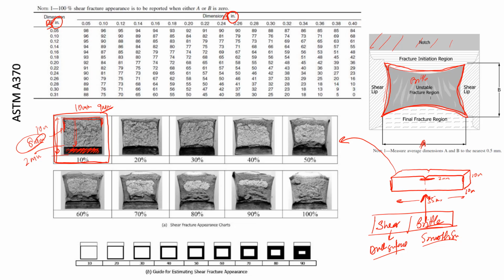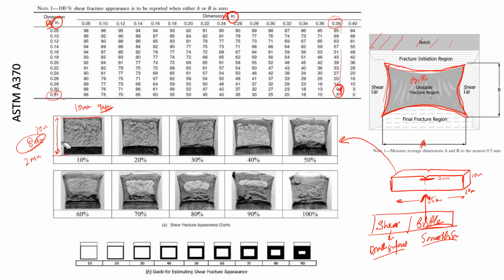So 8 mm and 9 mm, right? 8 mm is equal to 0.31 inch, and 9 mm will be somewhat lesser than 0.4, so we can see that it is falling at around 5% between them. So like this you can measure. By looking at this photo we can see that there is 10% shear happening over there.